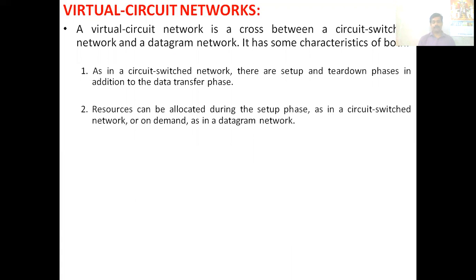As in a circuit switched network, resources can be allocated during the setup phase or on demand. On demand is used in a datagram network. So the virtual circuit network has the characteristics of both circuit switched and packet switched networks.